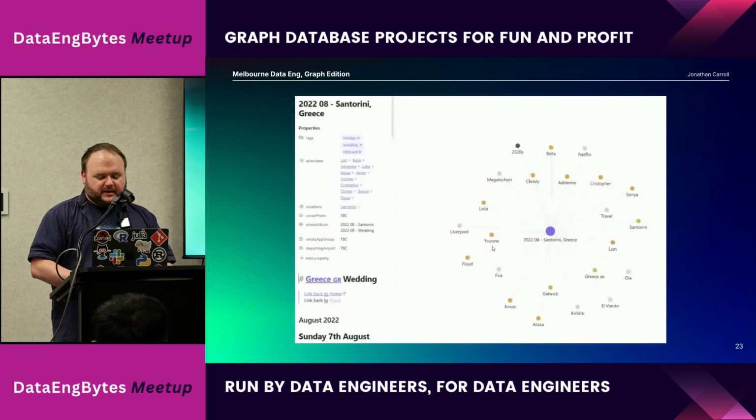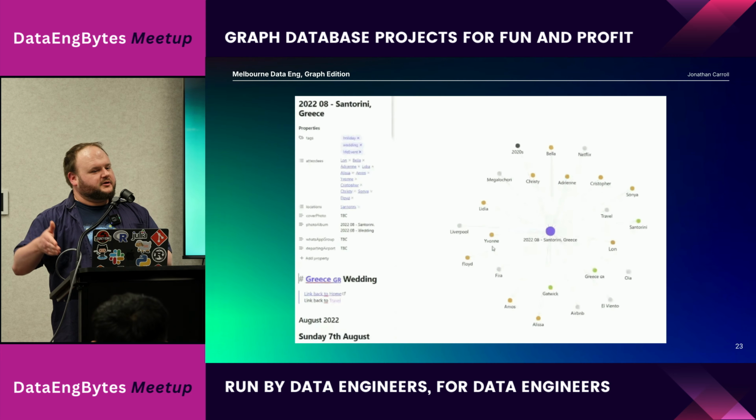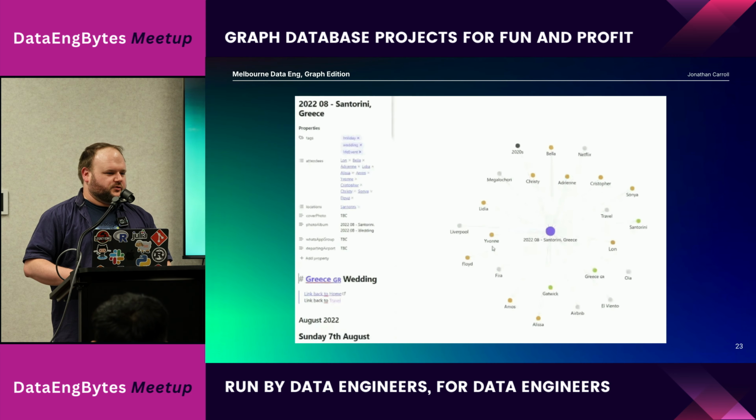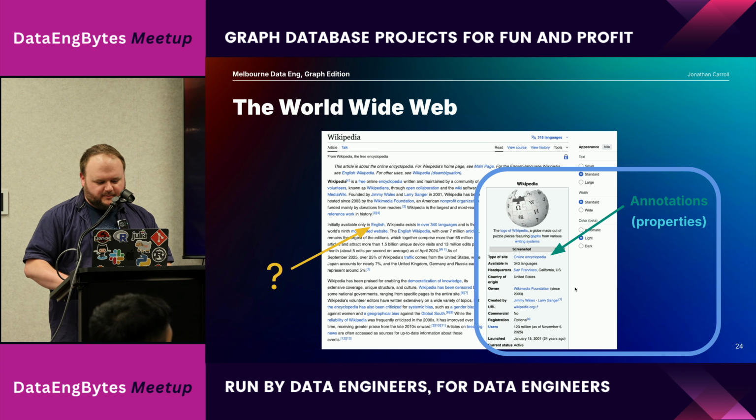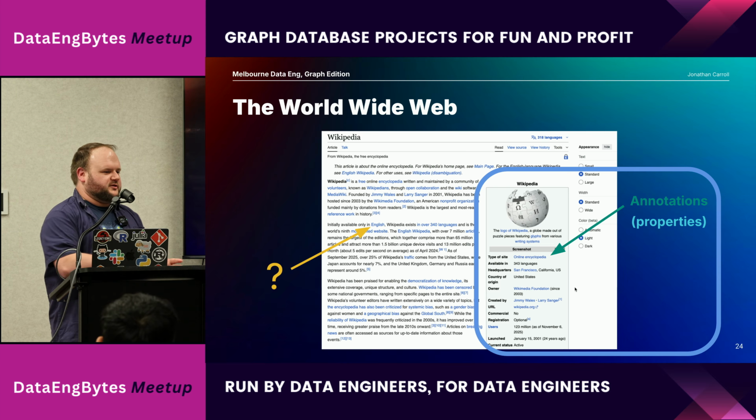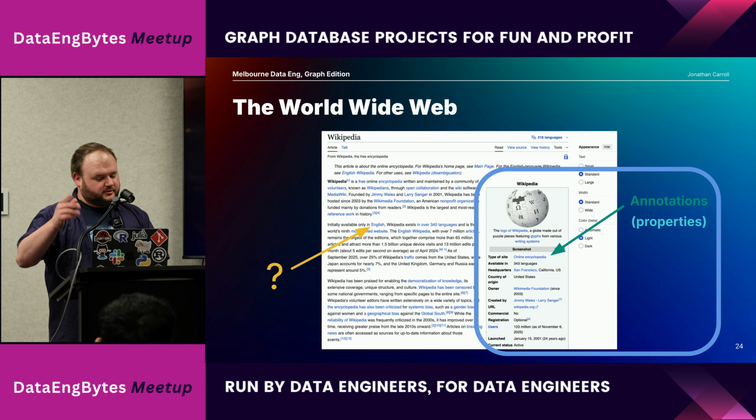So yes, there's some semantics there. You can say this person attended that event. And if you want to go through and find all of A attended B, you can do that. But that's sort of this part of web pages. This is the stuff you can load in as named properties. I'm interested over here. What about the actual stuff in my notes that says, I want this to connect to that, and it's not just a named property?